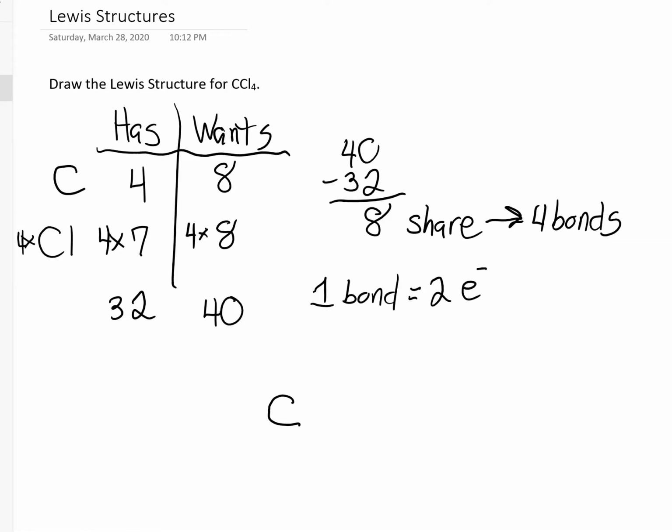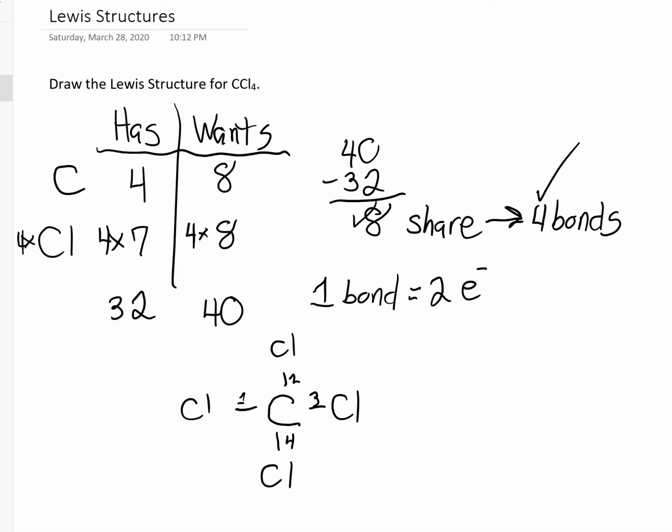So we're going to have carbon, surrounded by 4 chlorines. And I'm just drawing a line here for each bond. So you can see I've got 1, 2, 3, 4 bonds here. So I've got my 4 bonds, check. I've used 8 electrons.